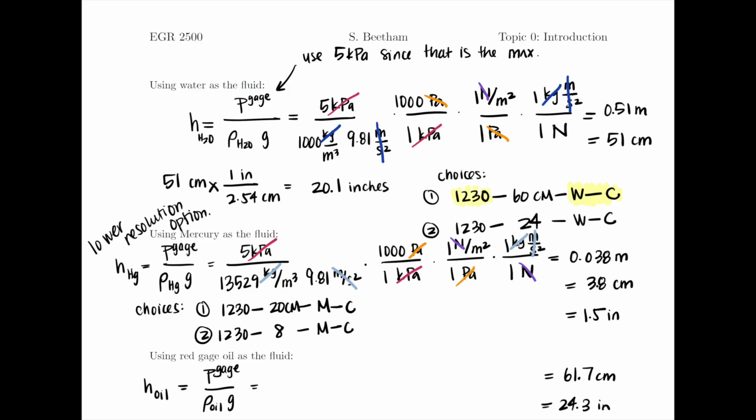This is just newtons. So I'm canceling out the Newton, but not the meter squared. All right, so I end up with units of meters. And when I multiply 5 times 1,000 and divide by 1,000 and times 9.81, I get 0.51 meters, which is 51 centimeters.